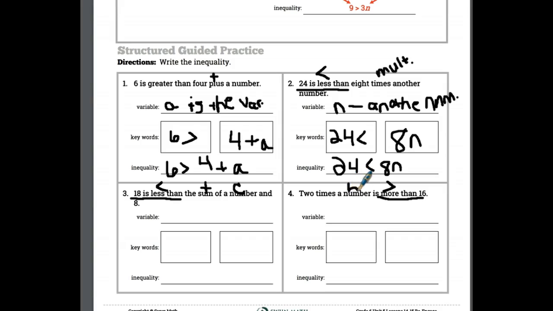This time, I'm going to use B for that variable. So you're going to write your statement for the variable, pull out your keywords, and write your inequality. Pause the video here, take 2 minutes, and complete 3 and 4. Ready? Begin.